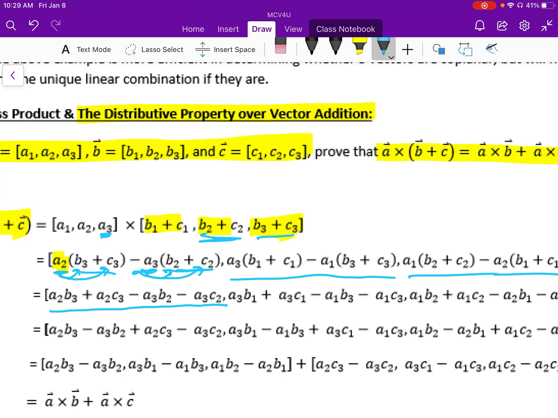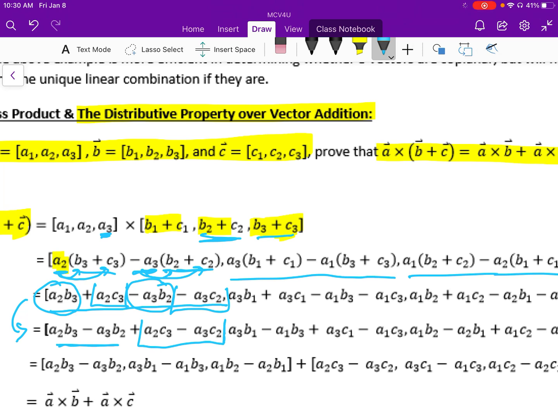Then from the next line down, all we're doing is we're taking the A's and B's terms and we're putting them side by side, right? The commutative property of scalars, we have that. The A and C's with the A and C's. Okay, just look at the X component. The Y's and the Z's are identical. They're the same process.